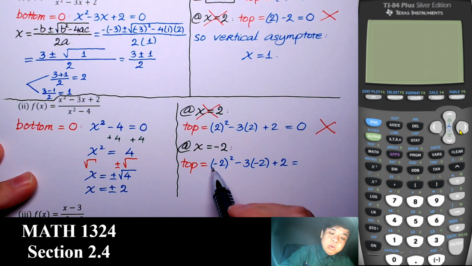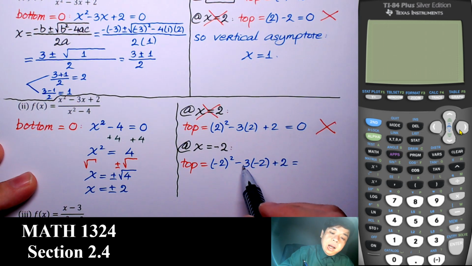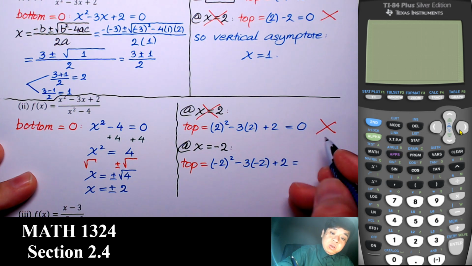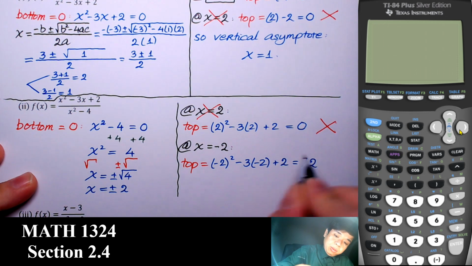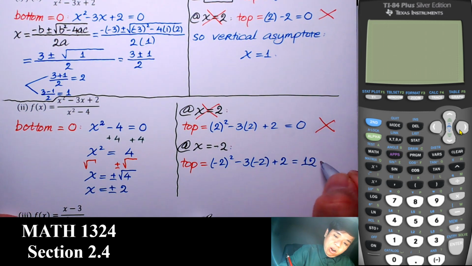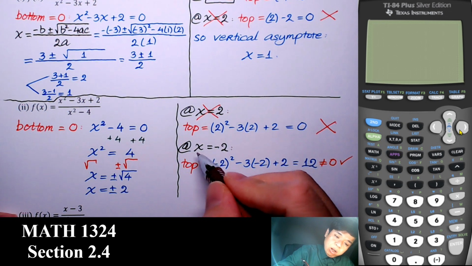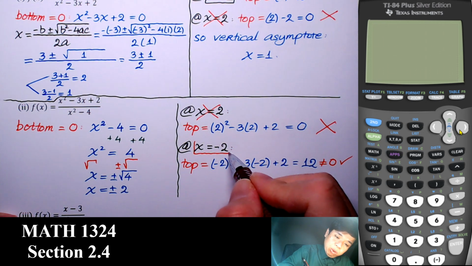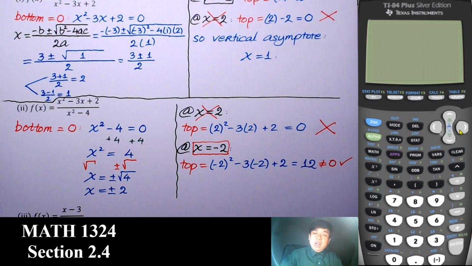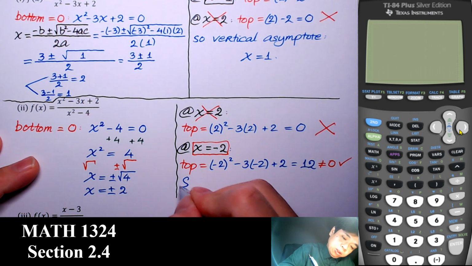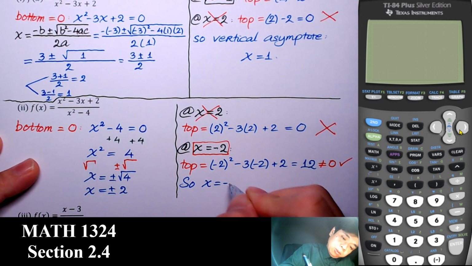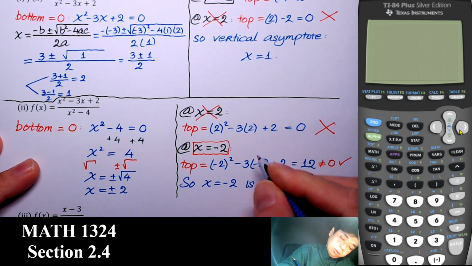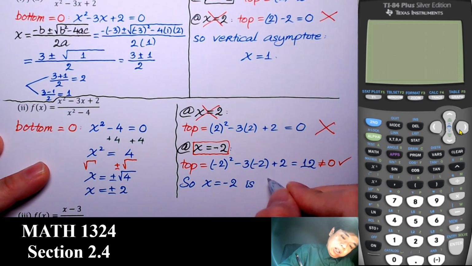So negative 2 squared is 4, that plus 6, 4 plus 6, that 10, plus 2 is 12. And that is not equal to 0, which is good. That's what we want. And so x equal to negative 2 is the vertical asymptote. There's only one vertical asymptote.